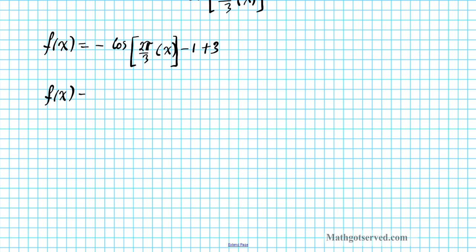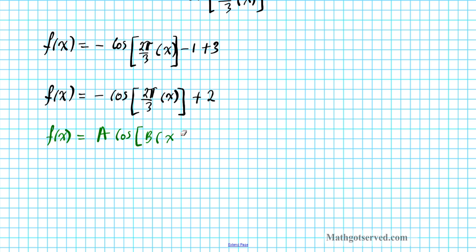So one more step to simplify, and then we'll be ready to compute our period. So f of x is equal to negative cosine 2 pi over 3 x plus 2. If you think about the other format we had, let's rewrite it so we know exactly what's going on here. F of x is equal to a cosine b and then x minus h.